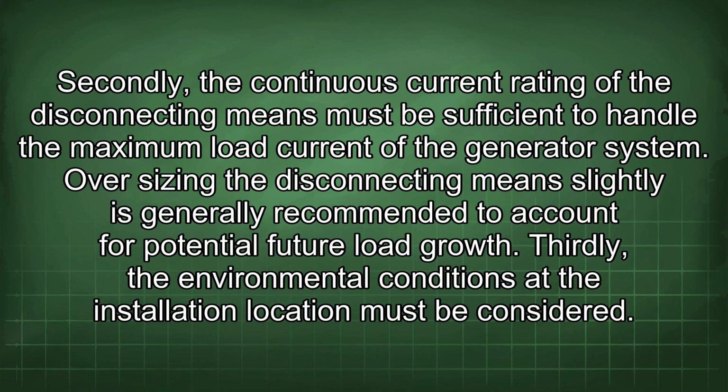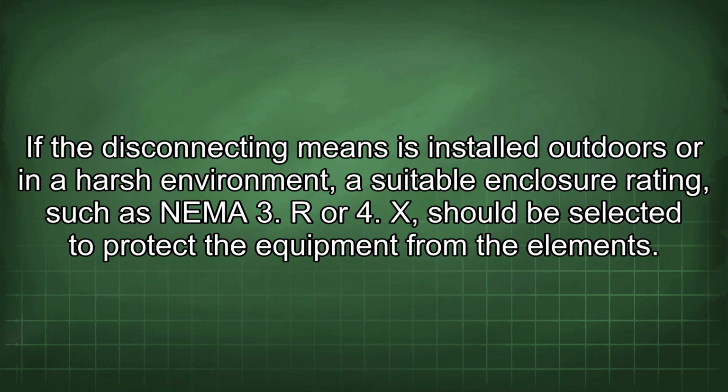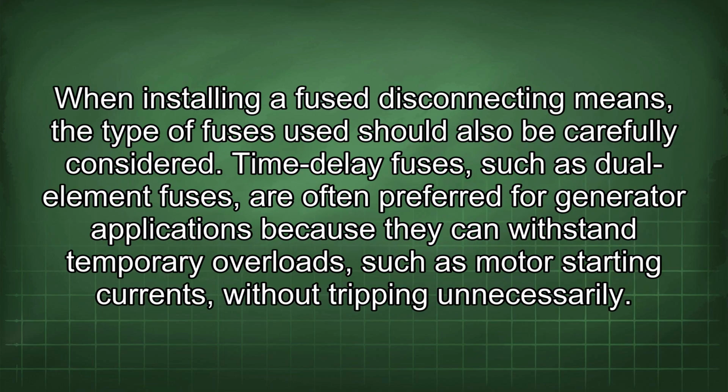Thirdly, the environmental conditions at the installation location must be considered. If the disconnecting means is installed outdoors or in a harsh environment, a suitable enclosure rating such as NEMA 3R or 4X should be selected to protect the equipment from the elements. When installing a fused disconnecting means, the type of fuses used should also be carefully considered.